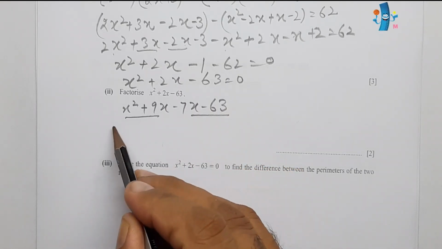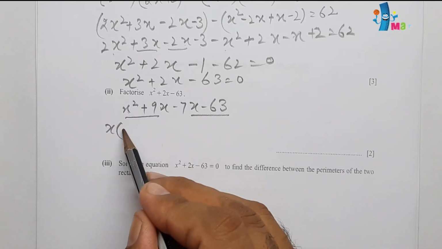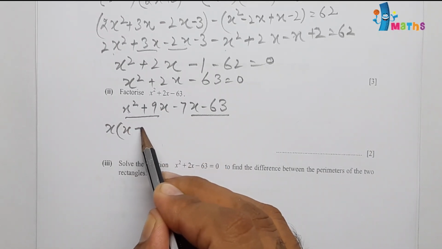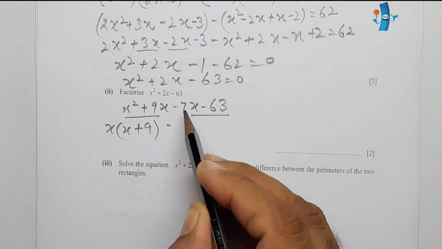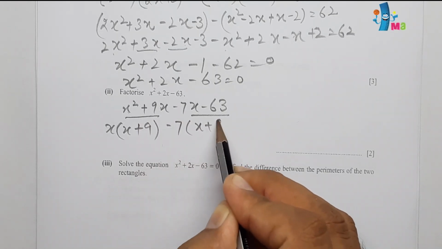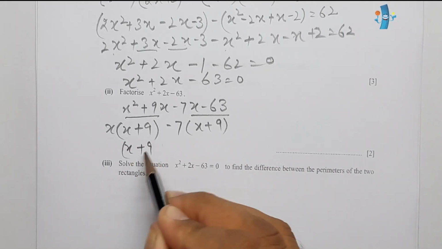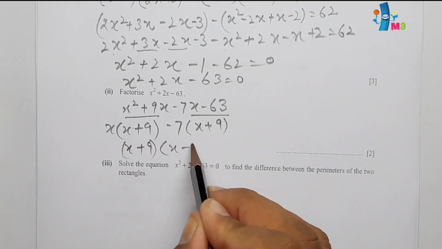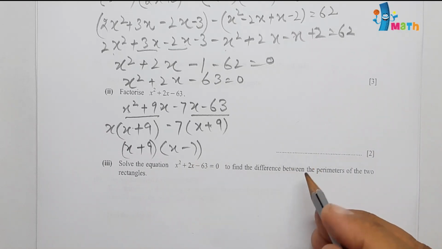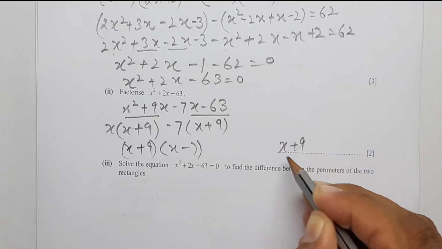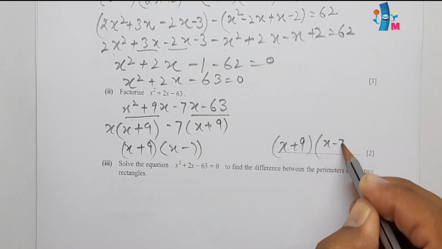So we can make pairs: x will be common, so this will be x plus 9, and minus 7 common, so x plus 9, and for factorization we can combine these two, and x minus 7. So this one will be our answer, x plus 9 into x minus 7.